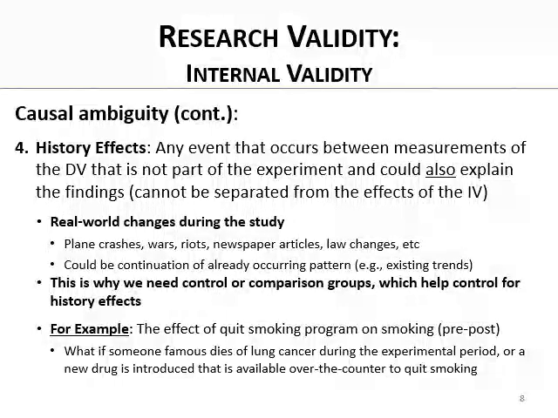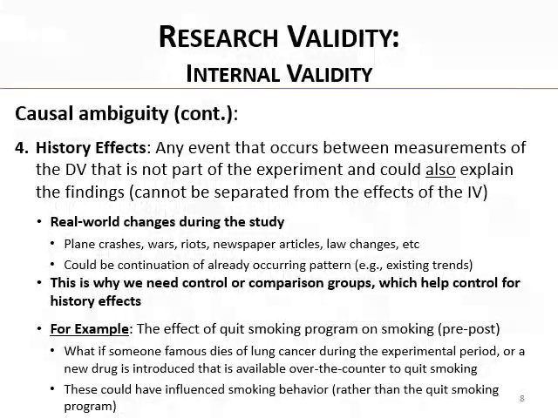If you get differences, are they the result of your quit smoking program, or are they the result possibly of these history effects? They could have influenced their smoking behavior rather than your quit smoking program, and so they are a potential explanation for any differences you see pre to post.